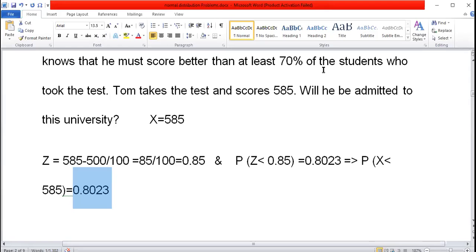Professor, X is equal to 585. So again, why are we taking probability X less than 585? Less than or equal to, you can say less than or equal to. Is it a continuous variable? It doesn't matter, it doesn't make any difference. So you could say probability that Z is less than or equal to 0.85.